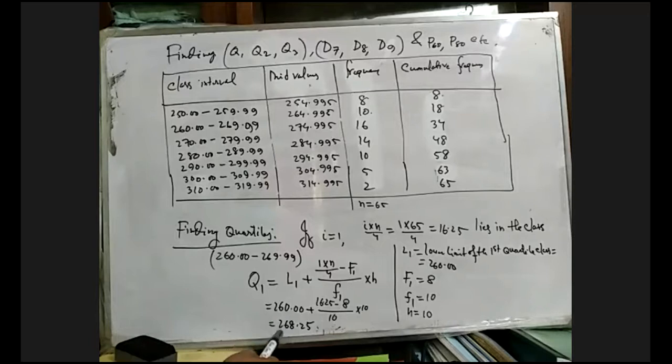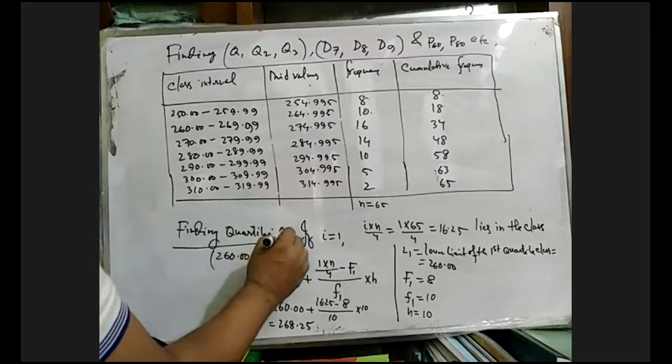Adding 260, we get 268.25. This is the first quartile Q1.